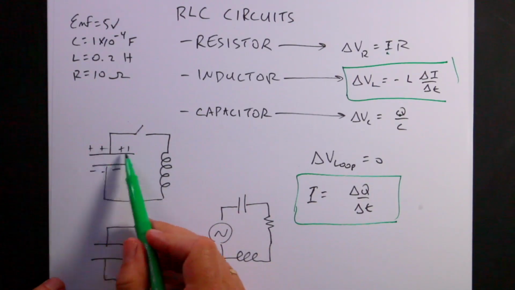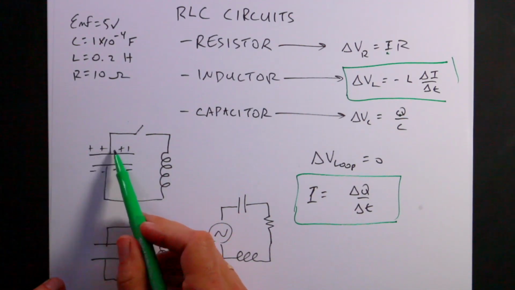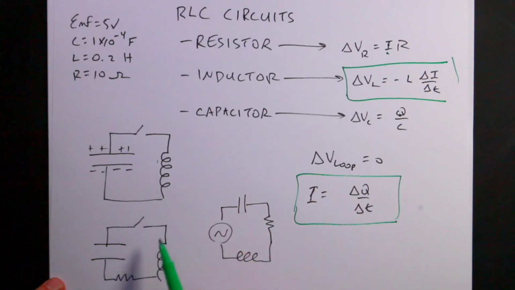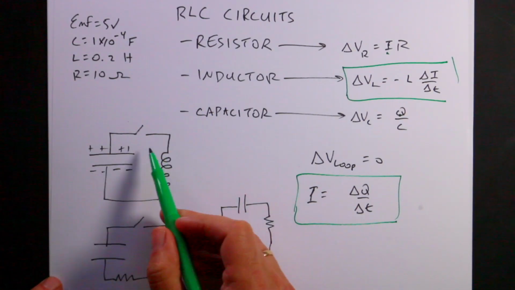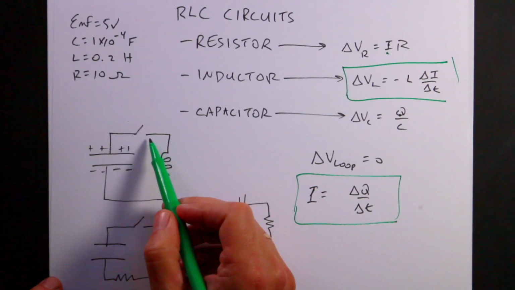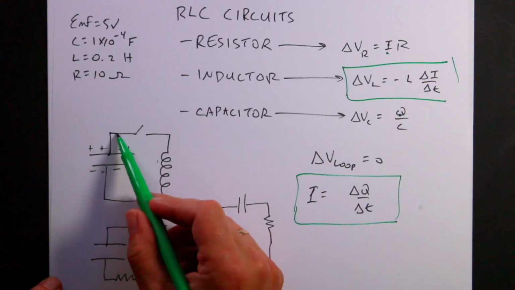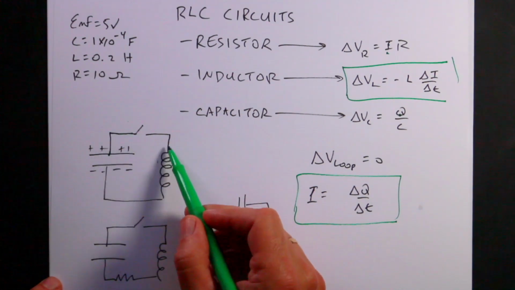Imagine that I have a capacitor with charges on it, and I have it connected to an inductor. So this little squirrely thing is an inductor. Don't get that confused with this, which is a resistor. When I close this switch, then this current is going to flow this way. However, right now there's zero current.